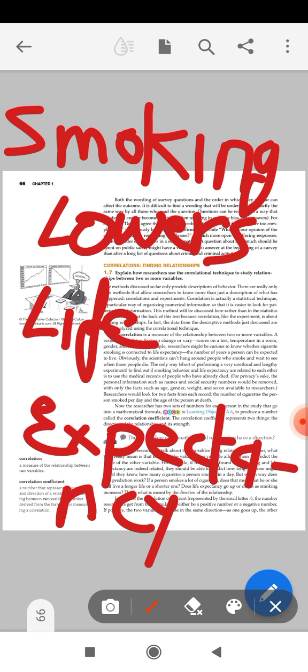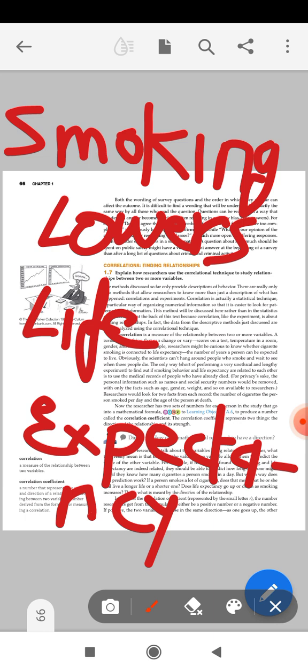So how will we get that? Firstly, in this sentence we have two variables. The first one is smoking and the second one is life expectancy. Both are variables because both may vary. We have to find the relationship between both. If someone is smoking more, what is the impact on life expectancy?